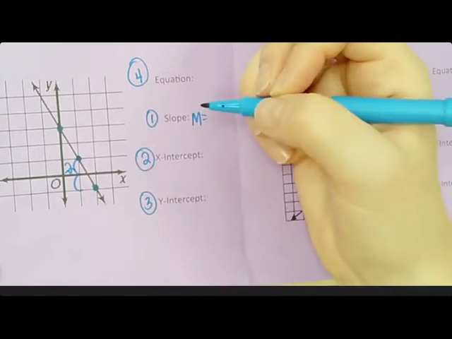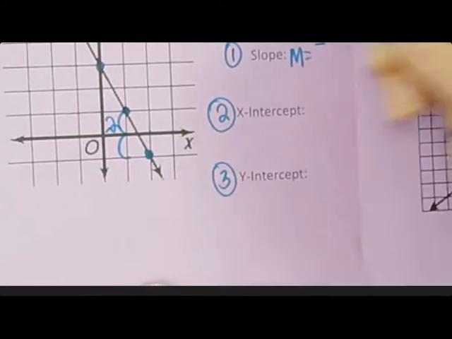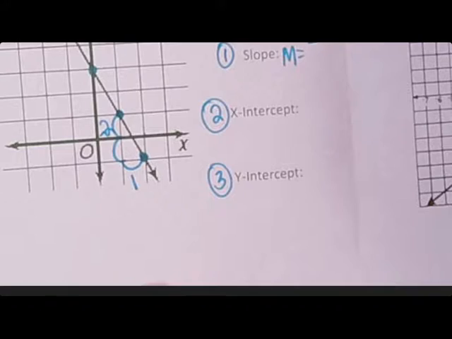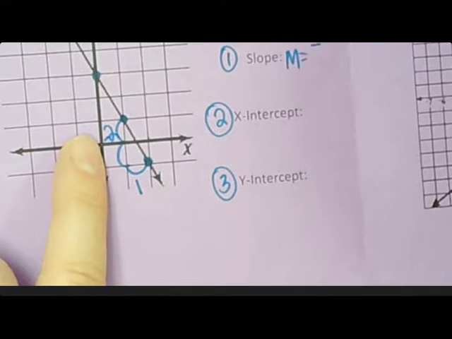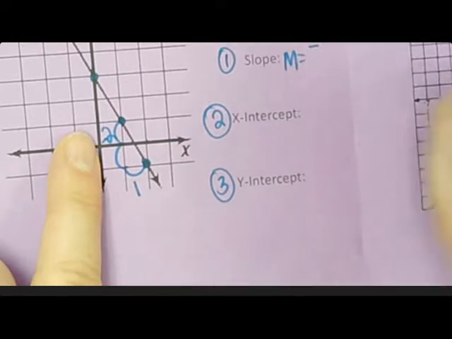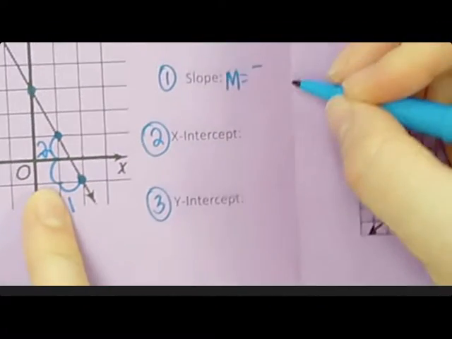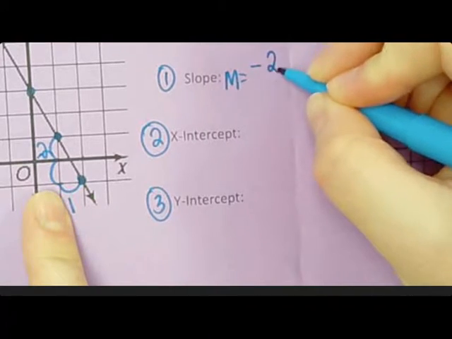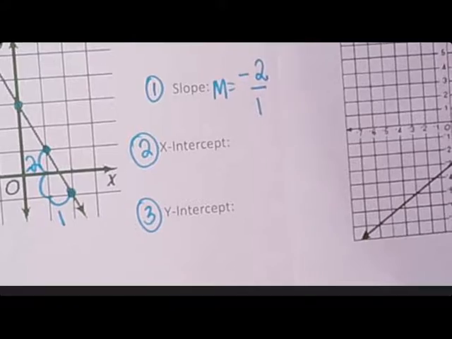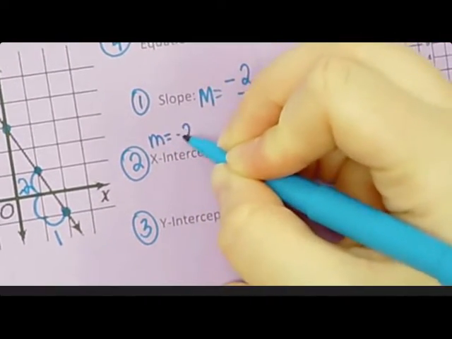That's a -2. It looks kind of funny. Over 1. So that's why it's negative, because you're going down and right. If we were going up and right, it'd be positive, but we went down and right. So that's a -2 over 1. Can I reduce that? Yeah, m equals -2.